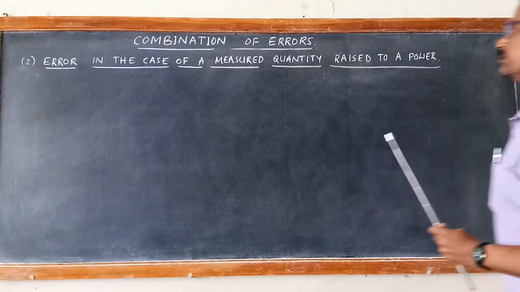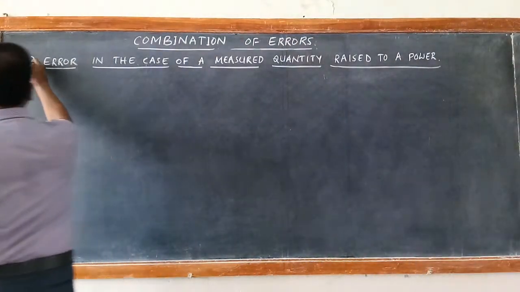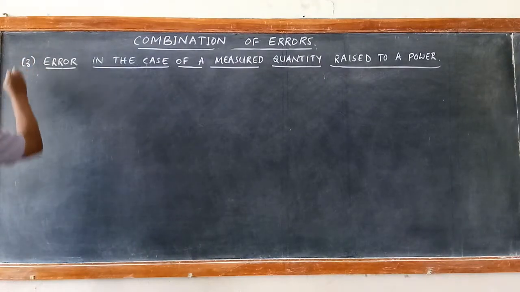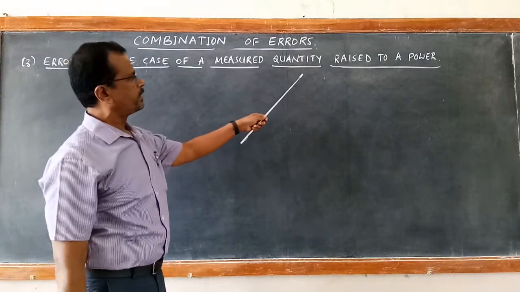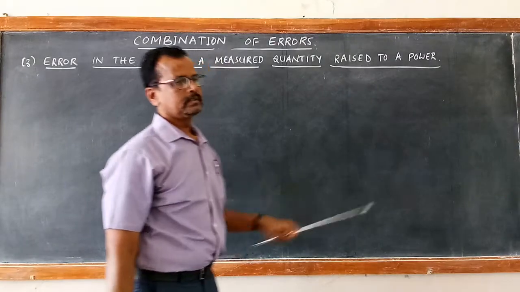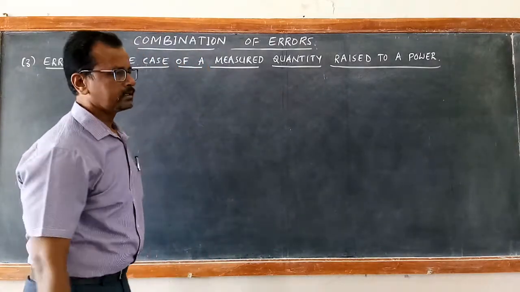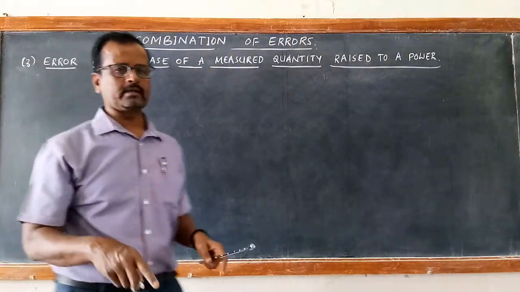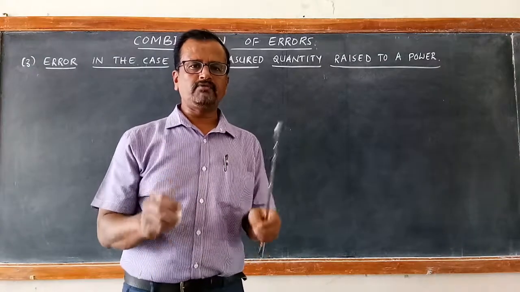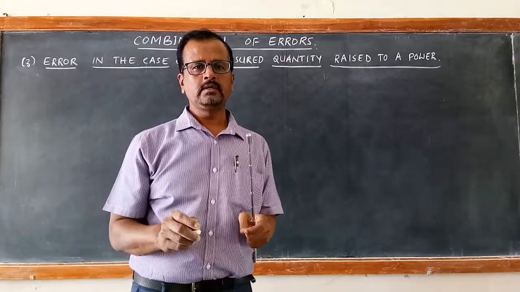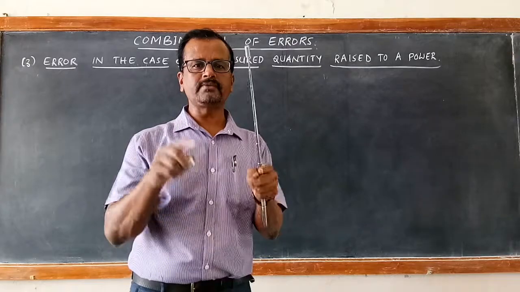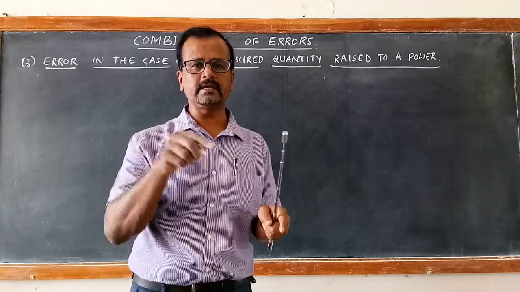Now let us quickly look into the third case. Error in the case of a measured quantity which is raised to a power. Let us say, for example, if it is a square, we know that the area of a square is the square of the side. Side into side gives us area.